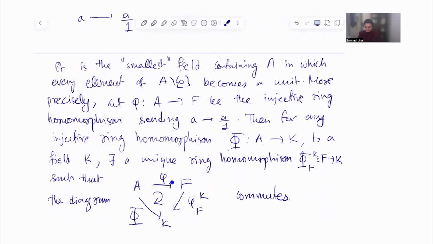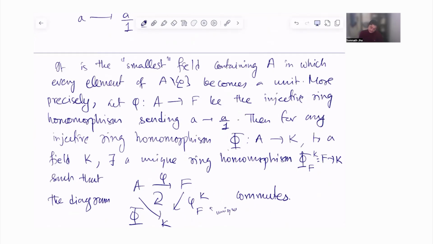If you start with A and you go by phi, there is a unique ring homomorphism from F to K, such that if you go to A by the inclusion and you apply this unique ring homomorphism, where you arrive is the same as you had originally gone by phi.